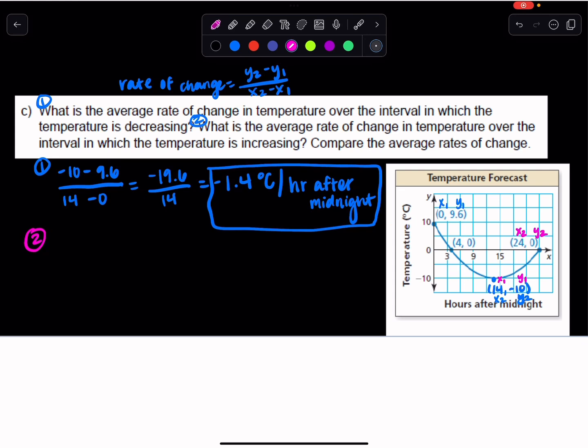I'll have 0 minus negative 10, so plus 10, over 24 minus 14. So 0 plus 10 is 10, over 24 minus 14 is also 10. 10 over 10 is just 1. And again, degrees Celsius per hour after midnight is that unit rate.